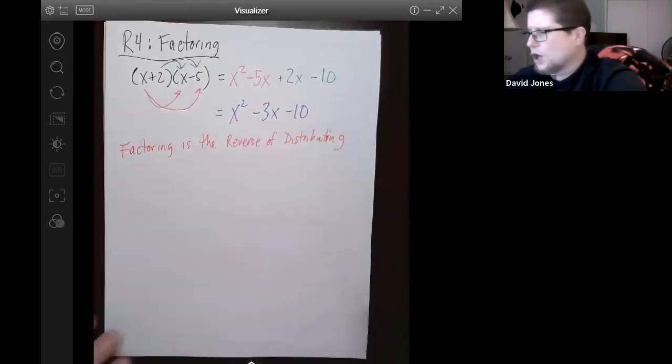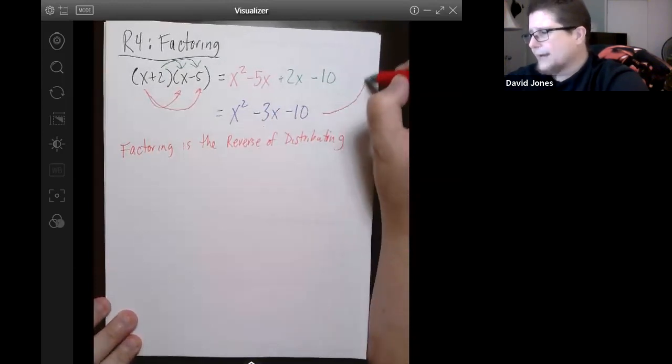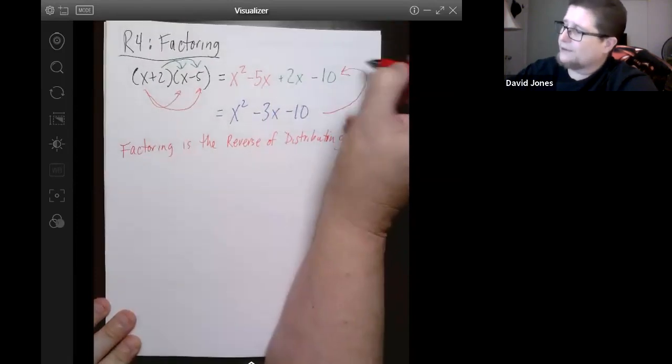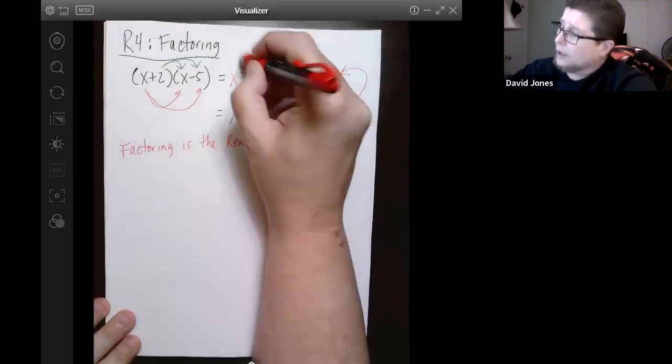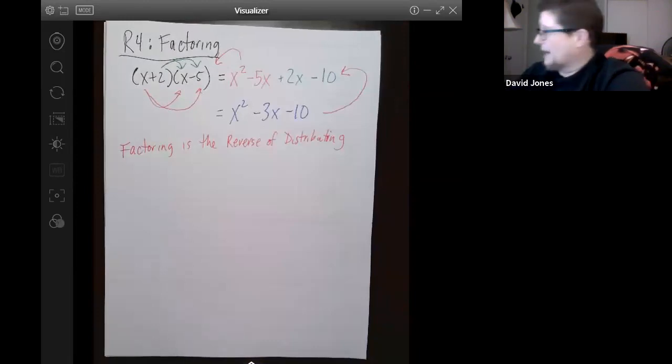So we can start with the x squared minus 3x minus 10, break it up into the negative 5x and the 2x, splitting that negative 3x, and from there get to the parentheses. I'm going to show you the process of doing it.